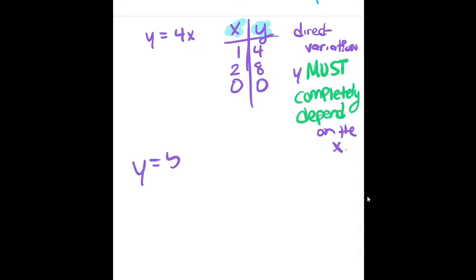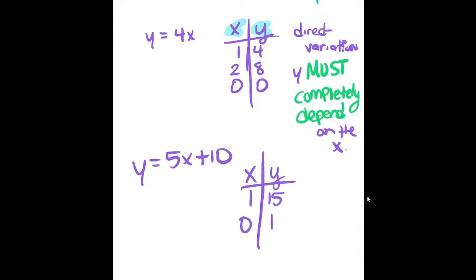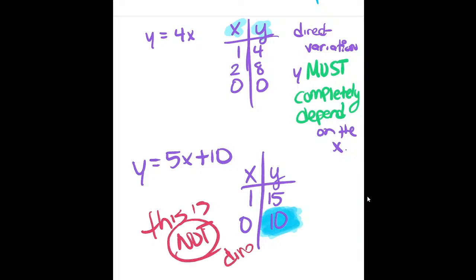So y equals 5x plus 10. If x is 1, then y would be 15. If x is 0, then y would be 10. Notice the y still has some other value. The y did not come out 0. Because of that, this is not a direct variation.